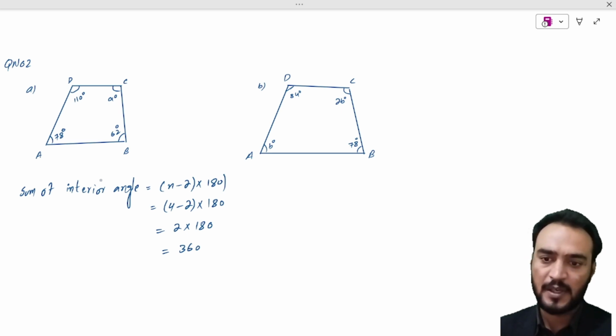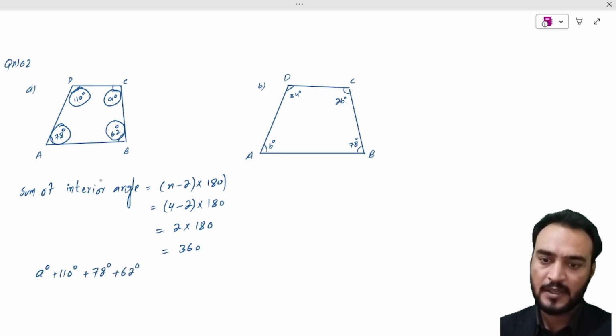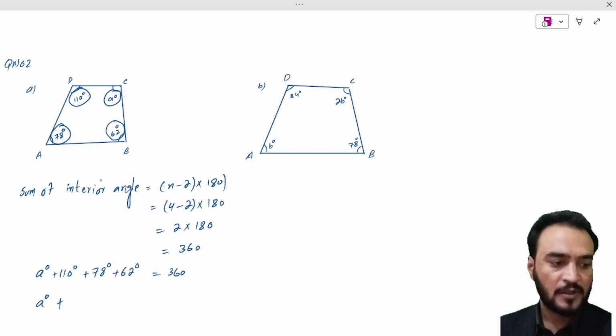Now we put this sum as the sum of interior angles, and the interior angles are these ones: A degree, 110 degree, 78 degree and 62 degrees. We put the sum of all these equals to 360 degrees. So it means A degree plus 110 degree plus 78 degree plus 62 degree equals to 360 degree, and adding all these numbers 110, 78 and 62, we get 250 degrees.